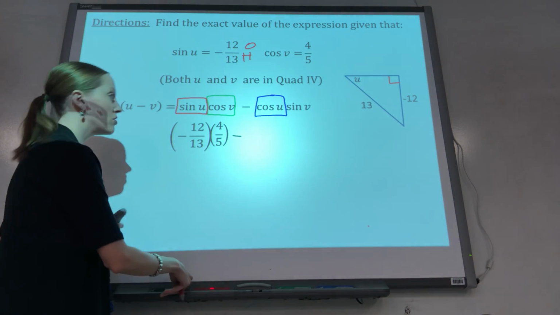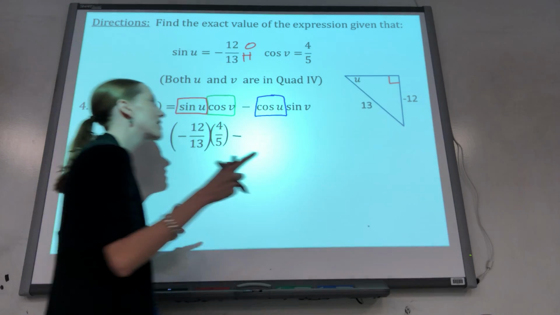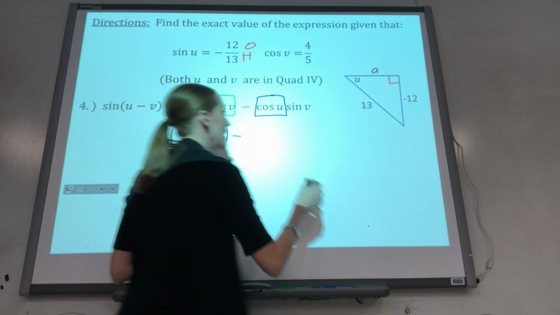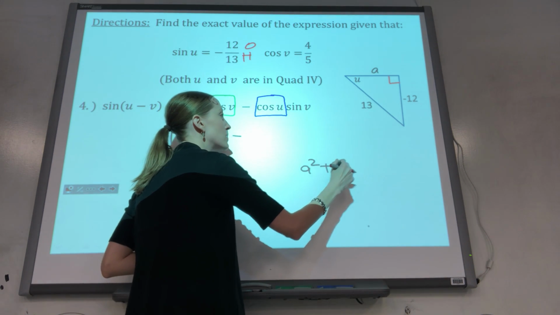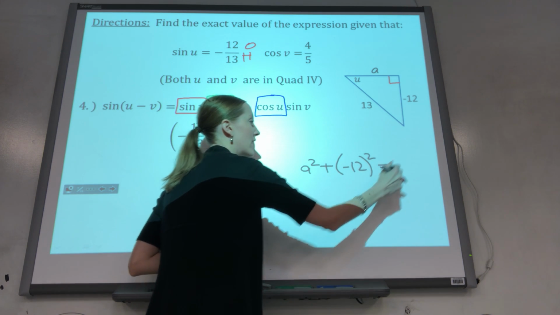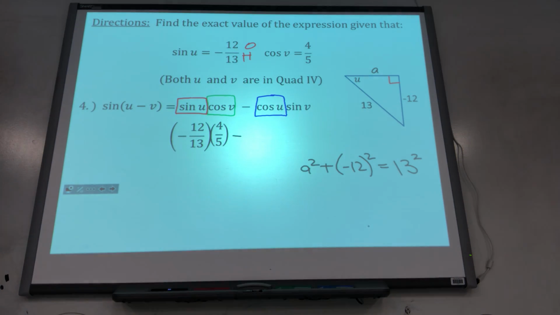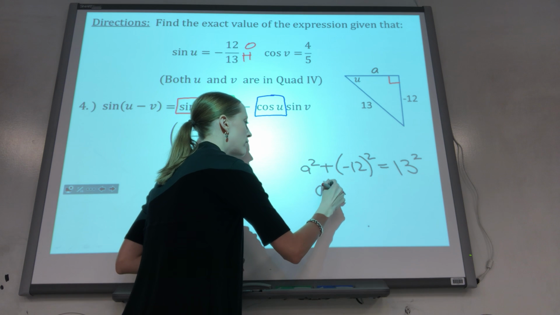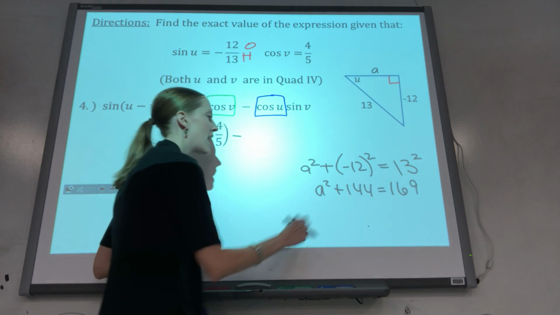So what could I do to find the missing side? Pythagorean theorem, yes. You can call that A if you want, A or B. And so here it is, A squared plus B squared equals 13 squared. Now, this is a 144. That is a 169.